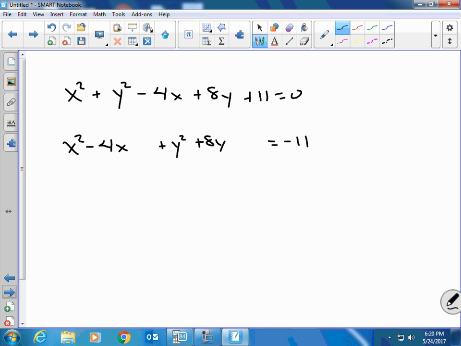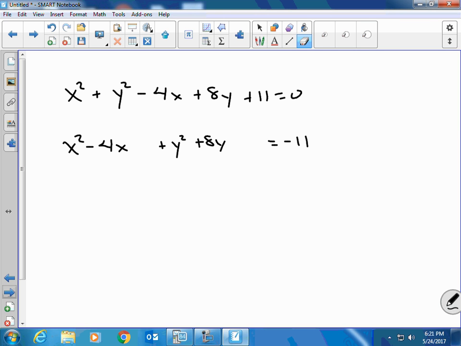We are going to add something to make my x terms a perfect square and my y terms a perfect square. What's a perfect square? It's a trinomial that will factor into something squared. It'll factor into 2 factors that are exactly the same. Definition of a perfect square.